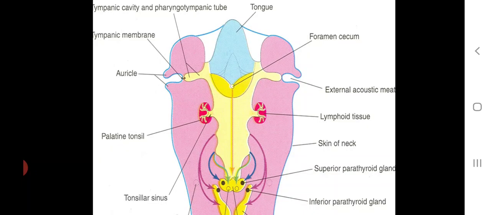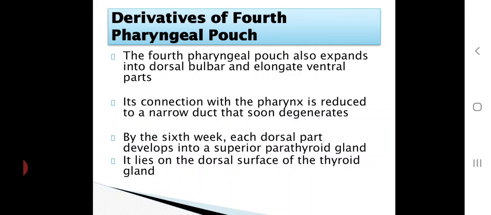So the third pharyngeal pouch gives inferior parathyroid gland and the thymus. The fourth pouch gives rise to the superior parathyroid gland. So superior parathyroid glands from the fourth pouch and inferior parathyroid gland from the third pouch.